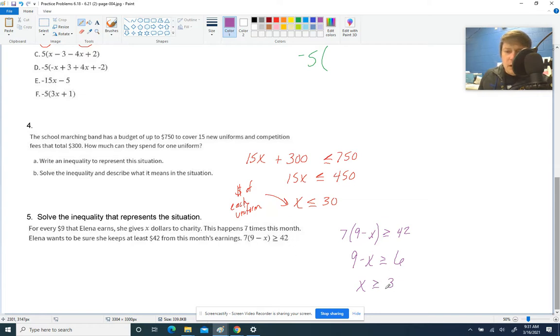So at some point along the way, this probably got flipped. My guess is right here because we had a negative x. So really we need x to stay under: every $9, give $3 or less to charity. If you go more than that, you're not going to stay over 42 for your earnings. And that is our solution for that. And that is the end of your homework.